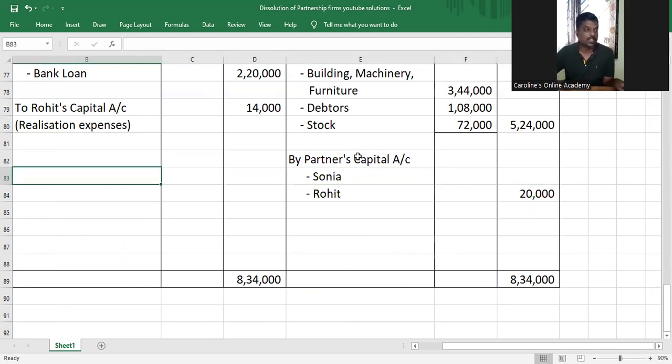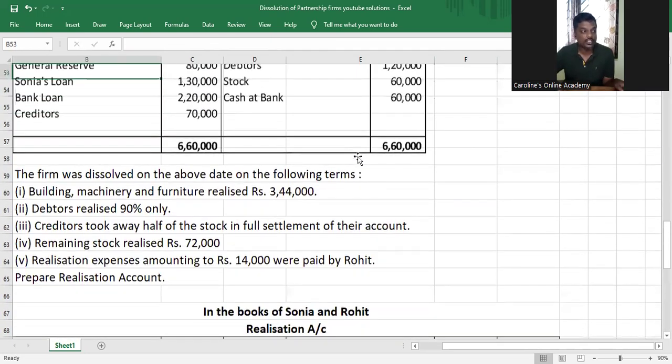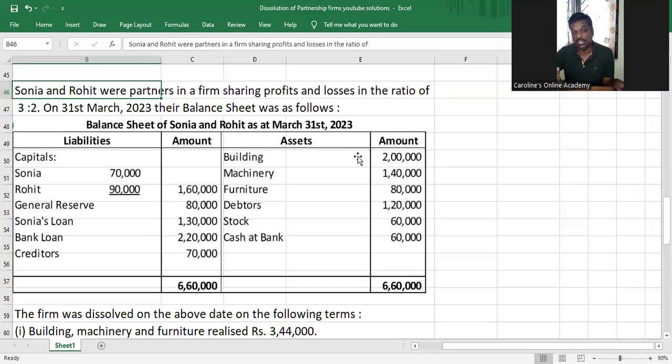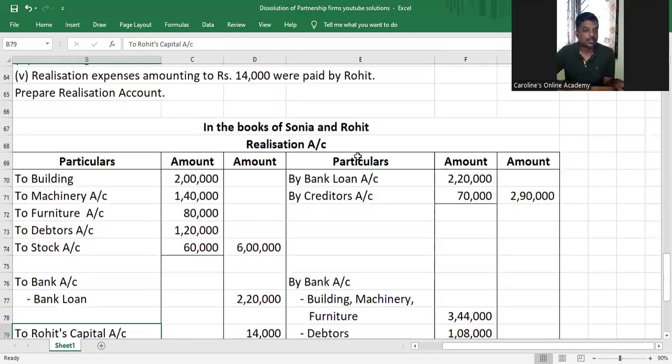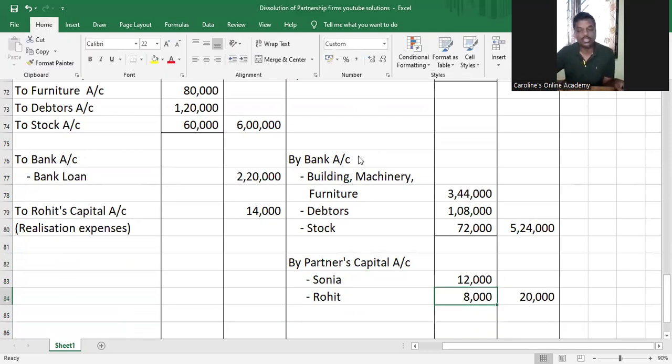And this 20,000 has to be divided in the old profit sharing ratio. What is the old profit sharing ratio? These two. Understood or not, my dear children? Hope you're understanding. 20,000 into 3 by 5. And again, 20,000 into 2 by 5. Understood or not, my dear children? With that, we've come to the end of this problem. It's as simple as that, my dear children.